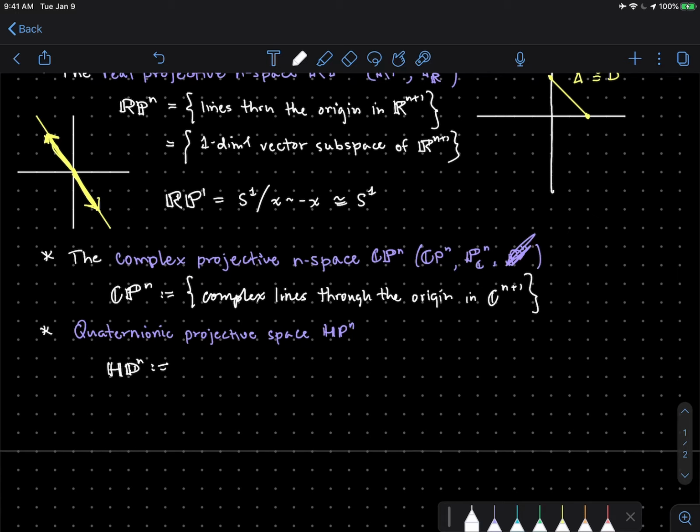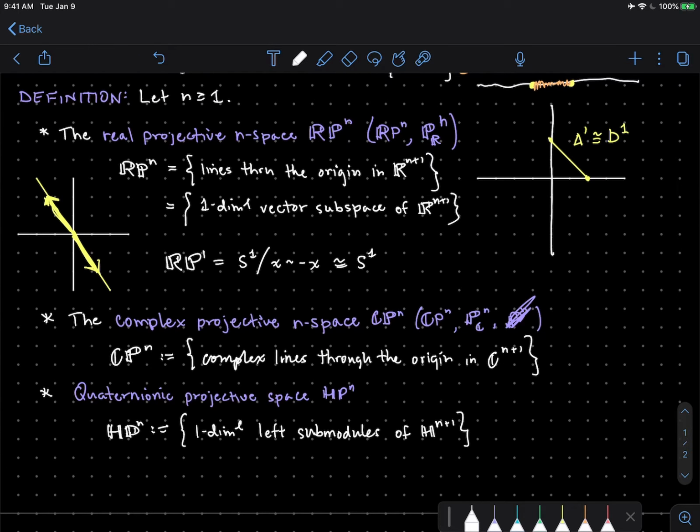They're a division ring. And so we have to choose whether we're talking about left modules or right modules in terms of subspaces, in terms of vector spaces. So free modules, but are they left or right? So we're just going to choose one-dimensional left submodules of H to the n plus 1.